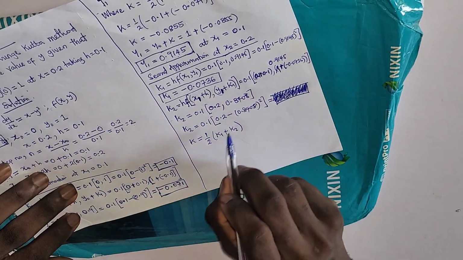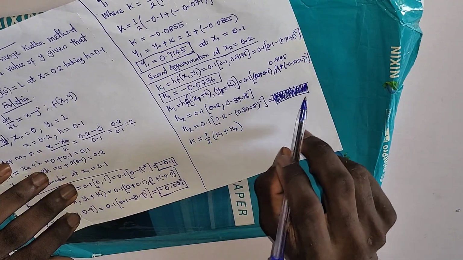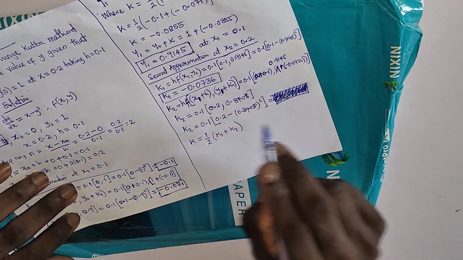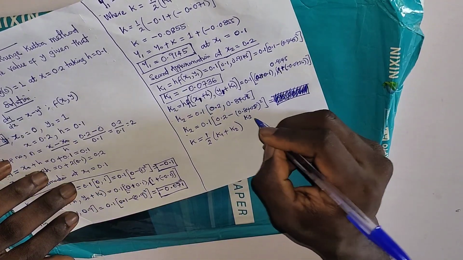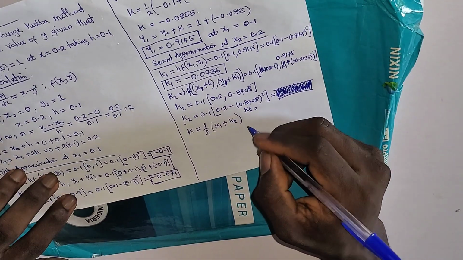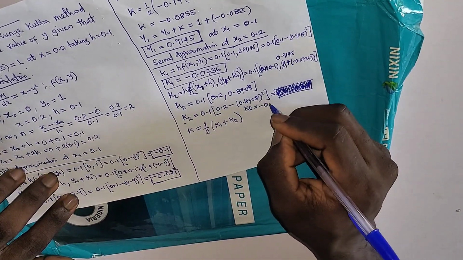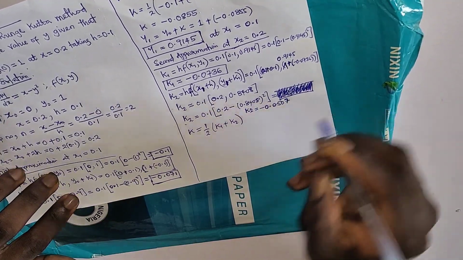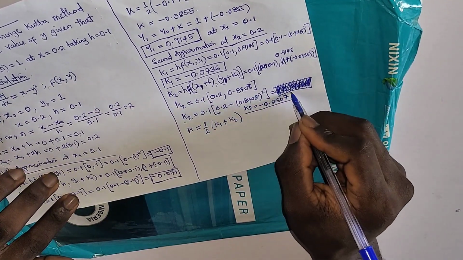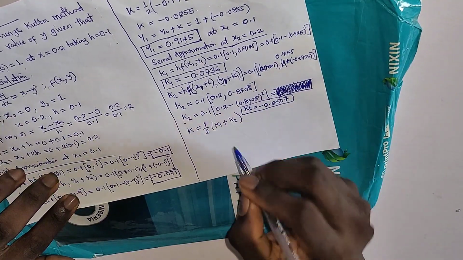After using your calculator, I think the value we got initially was wrong. You should get your K2 to be equal to minus 0.0507. So sorry for the mix-up. So take note of this. That's the value for K2.